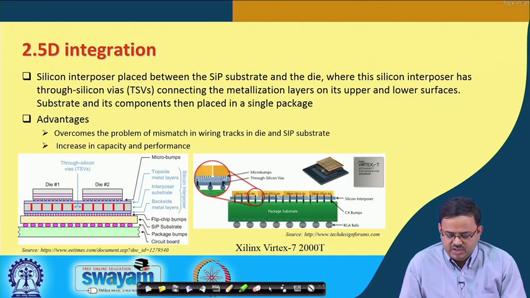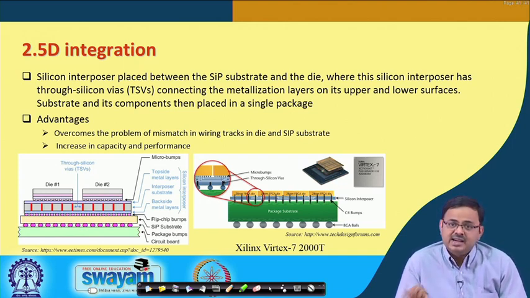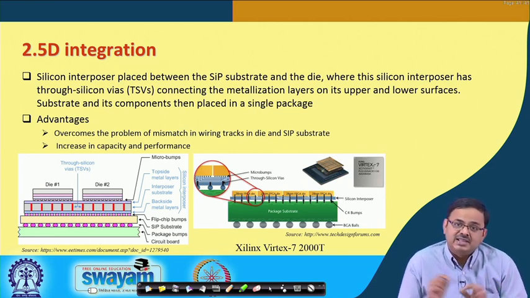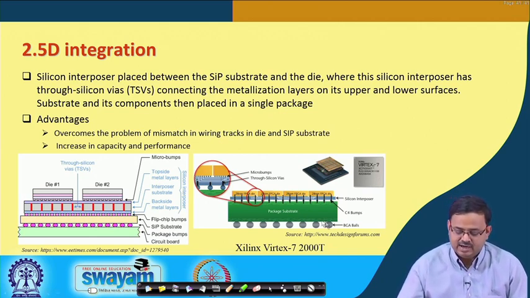Okay. So, what you see on the right hand side is Xilinx's Virtex 7. So, you can look this up. This is actually a 2.5D device. You see this? You have a silicon interposer, and then the silicon interposer in turn has these C4 bumps. Okay. And then it goes to the package substrate, and the package has the larger bumps which go into the motherboard.